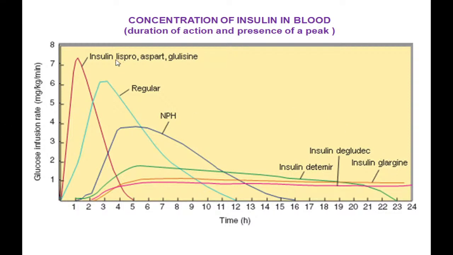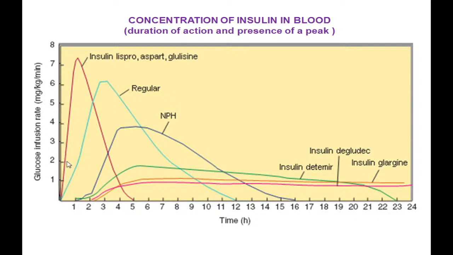In insulin lispro, lysine and proline are changed, for example. And we see that action duration is not 5, 6 hours, but 3 to 4 hours.